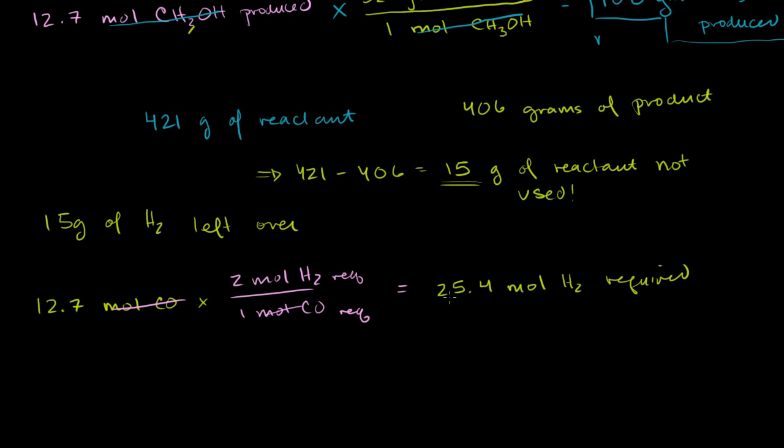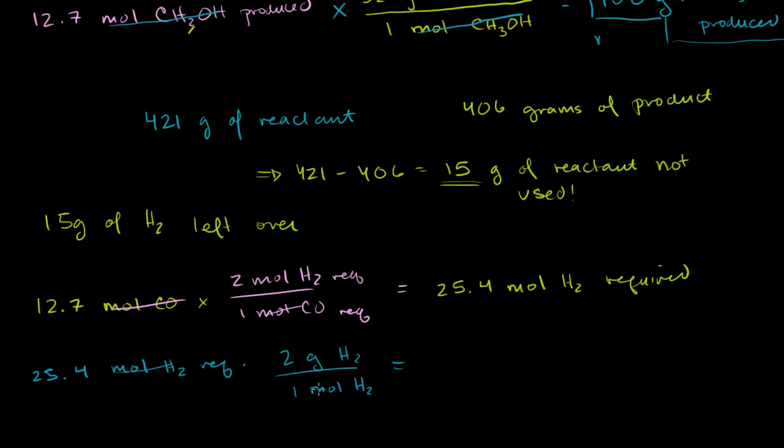required. And what is the mass of 25.4 moles of H2? So let's write that. 25.4 moles of hydrogen required times, well, we know the molecular weight of H2 is 2. So we're going to have 2 grams of H2 per 1 mole of H2.